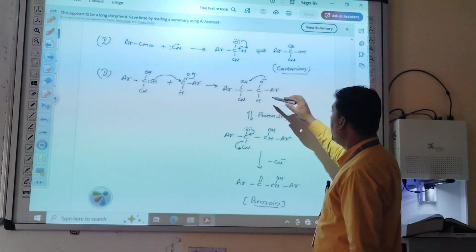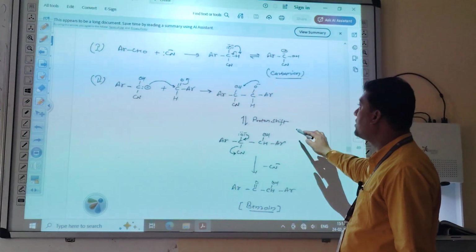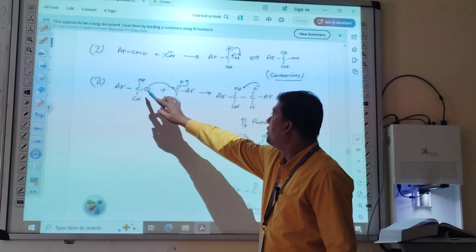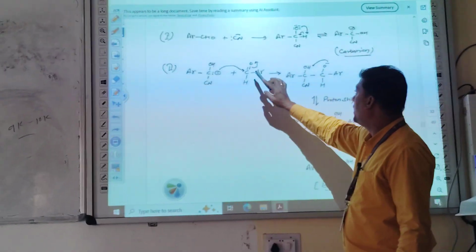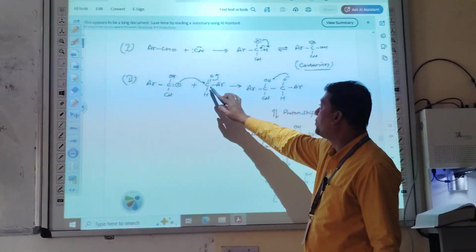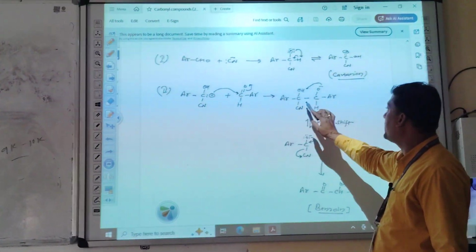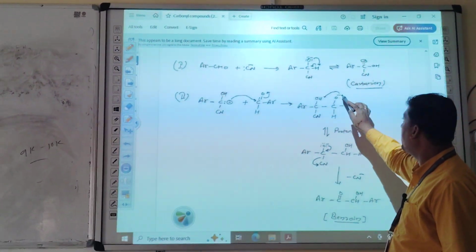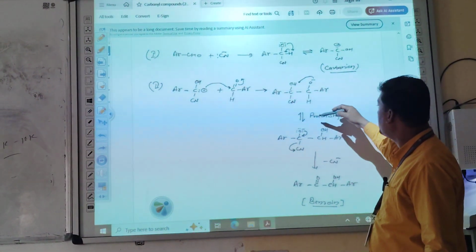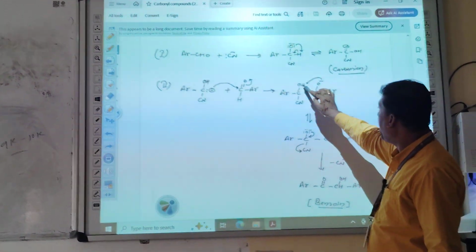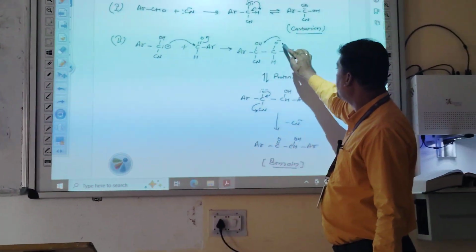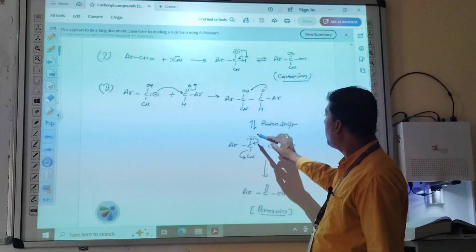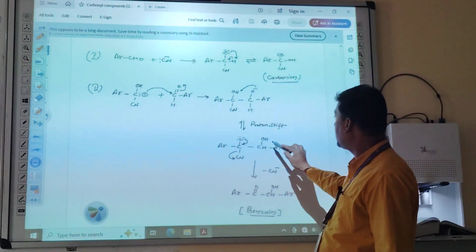Then what happens? Here proton shift is there. This acts as a nucleophile, will attack the central carbonyl carbon. A bond is there, and O minus, the proton shift is there. The H will shift to this. That's why here O minus will be there, and here OH is there.